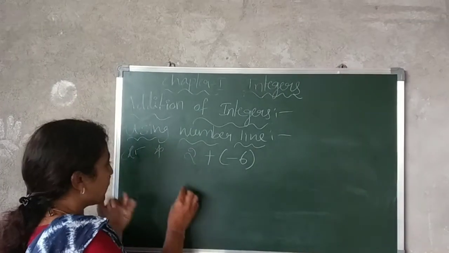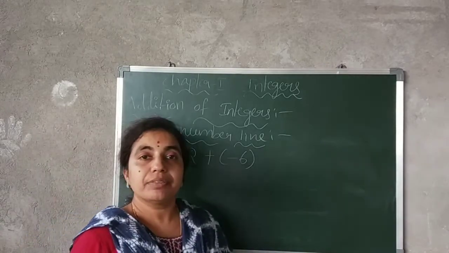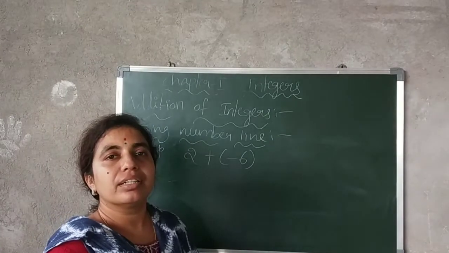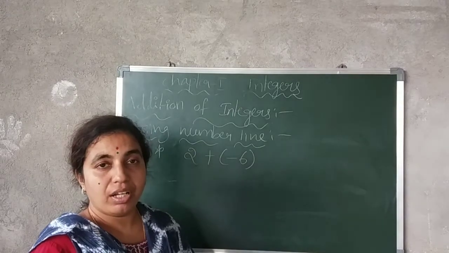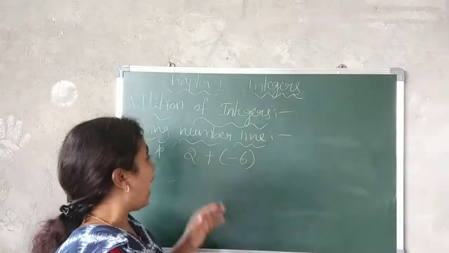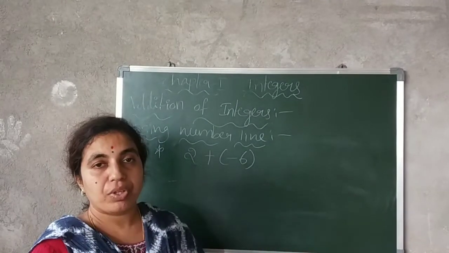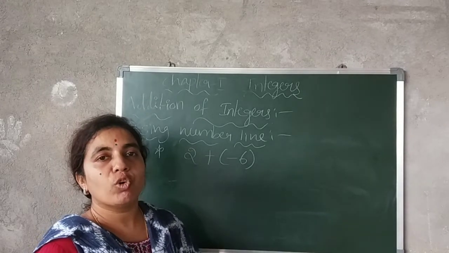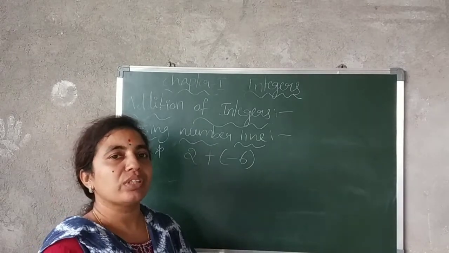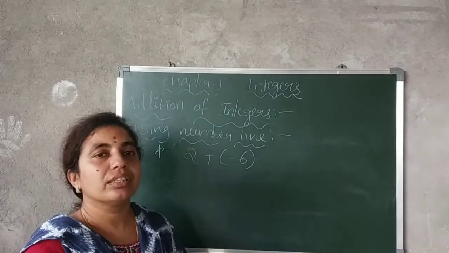Whatever the problem is, whenever you are solving addition of integers, first you have to remove the brackets. For removing the brackets, you already know the multiplication of two signs that you learned in 6th class.